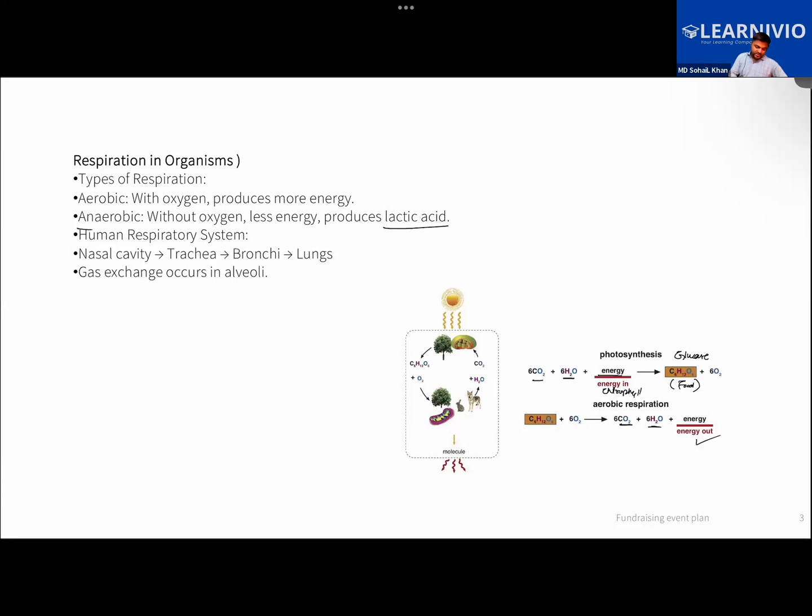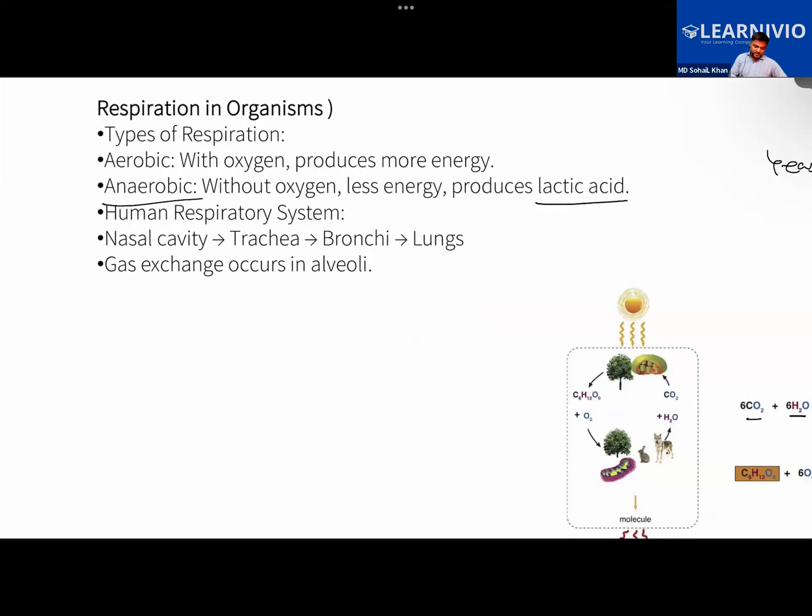When the same anaerobic respiration is done by yeast, it converts the glucose into alcohol. Particularly about the human respiratory system, we learned that it consists of the nasal cavity, the trachea, bronchi, and lungs. These make up the human respiratory system.